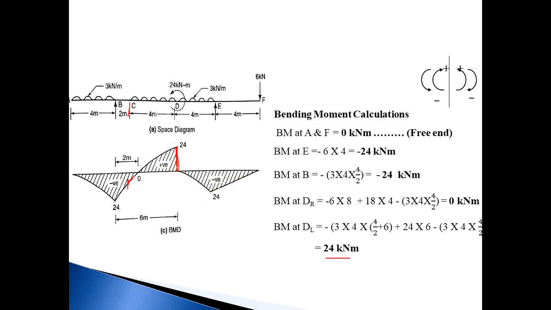From C point to D point you should draw a parabolic curve, and from point B to C there is no load, so you should draw a horizontal straight line.